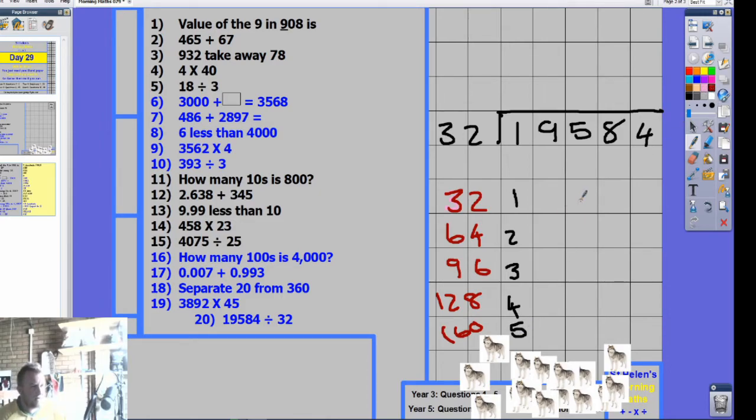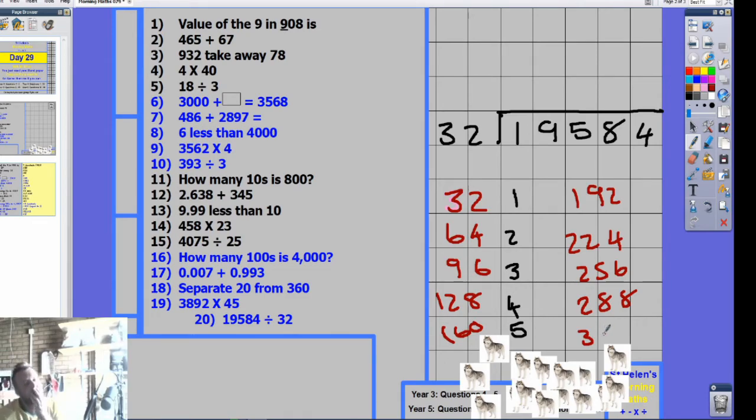And then I'm going to go 192. Okay, starting to get hard now. 224, 256, 288. And I believe, oh, this is hard, I believe that's 320.